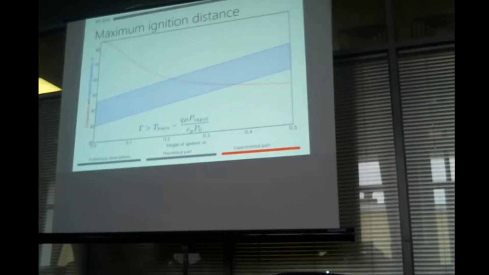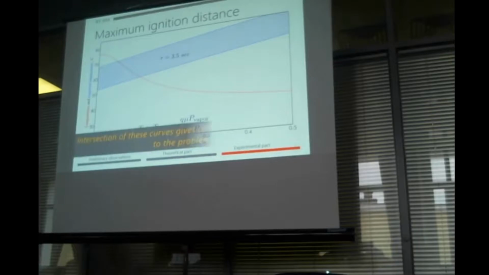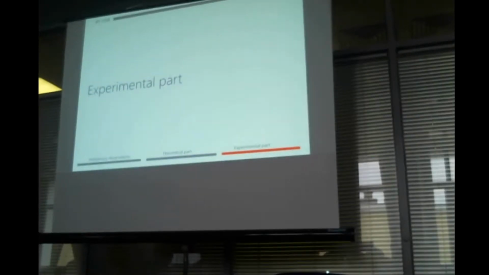So if we wait some seconds, the temperature required for relighting is increasing, and thus we can obtain less height of lighting to be possible. So the intersection of these curves gives us the theoretical answer of our problem, and thus we can move on from the theoretical part.